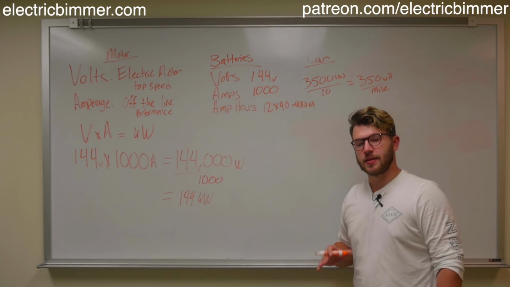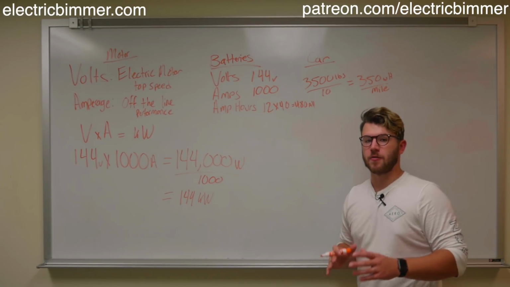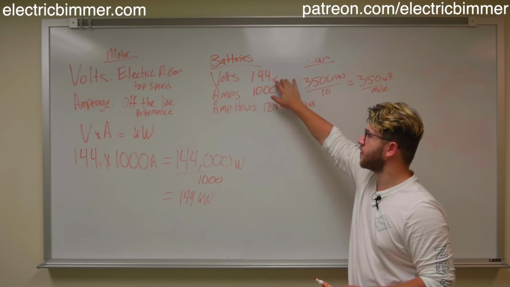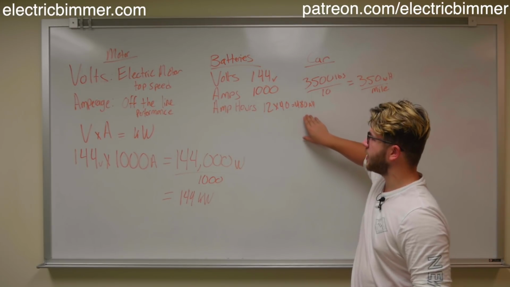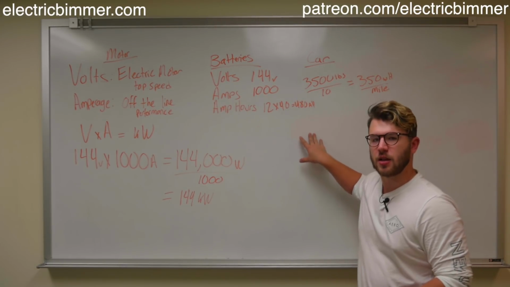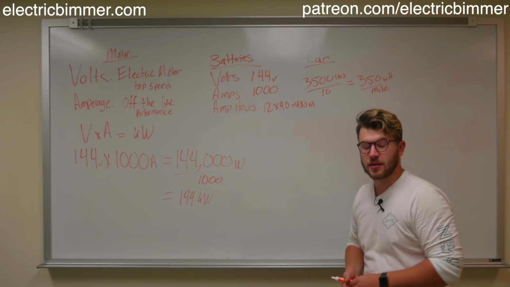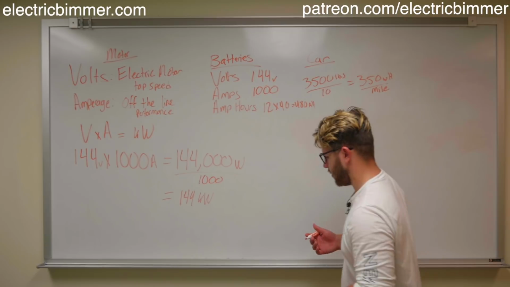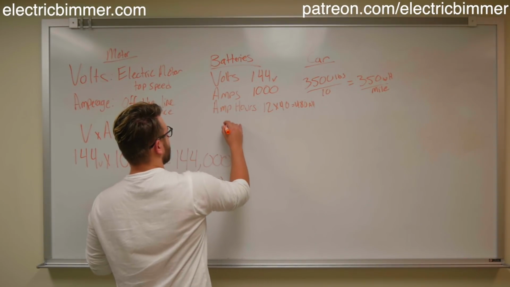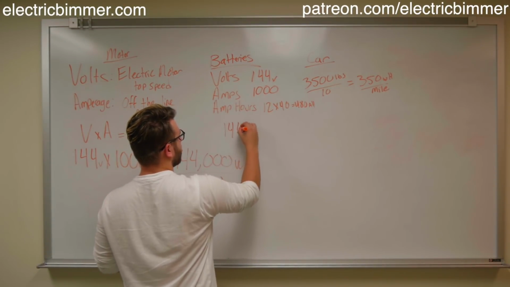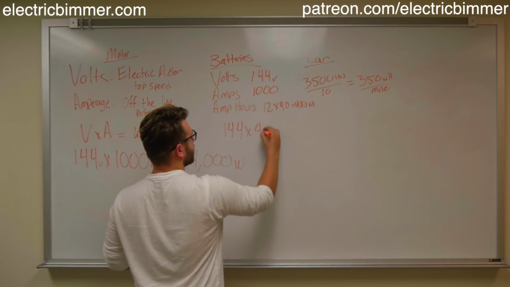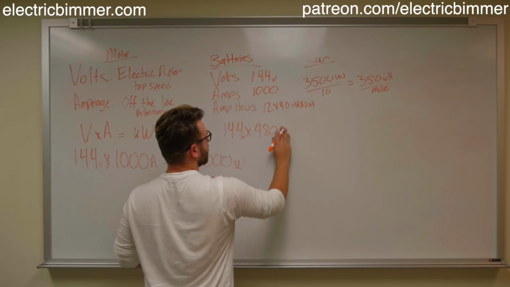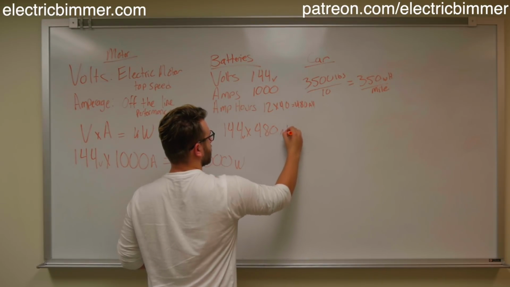So now you can see that this is actually going to be a much more powerful system, because if we multiply amp hours times 144 volts, this is going to be a pretty massive number. We're going to start getting into kilowatt hours, and you'll see that this is actually a much more realistic system now. So let's do this calculation here again. 144 volts times 480 amp hours.